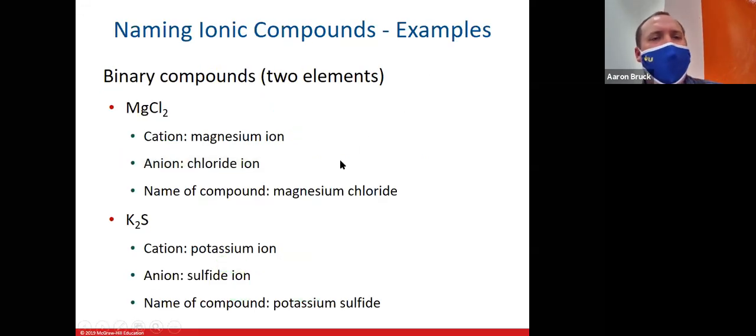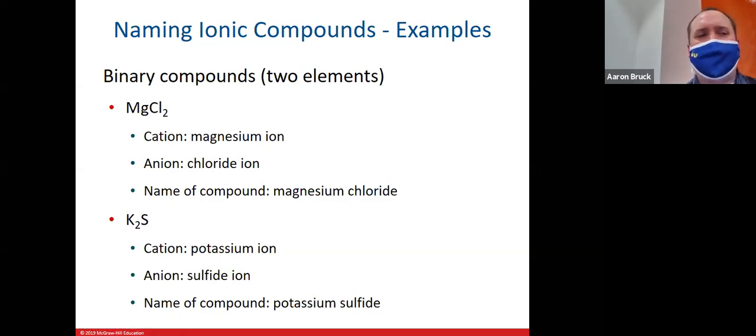When we name ionic compounds, it always follows the same structure. We name the cation, then the name of the anion.